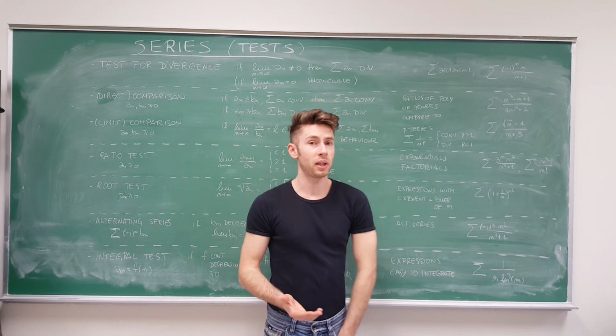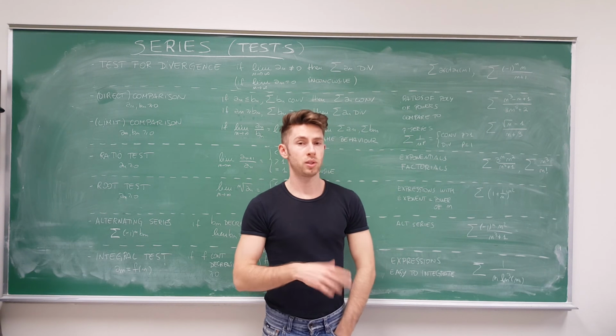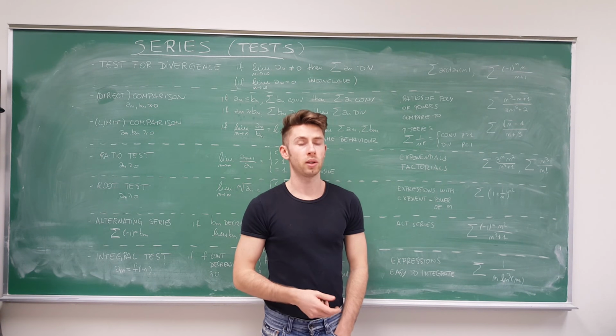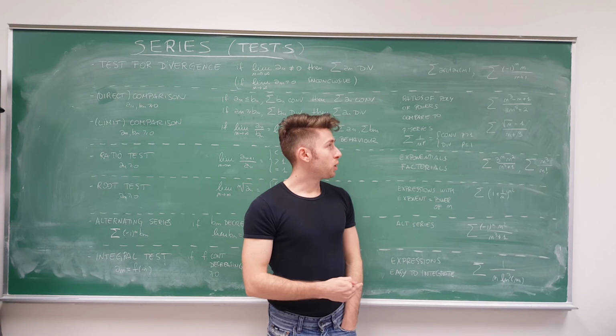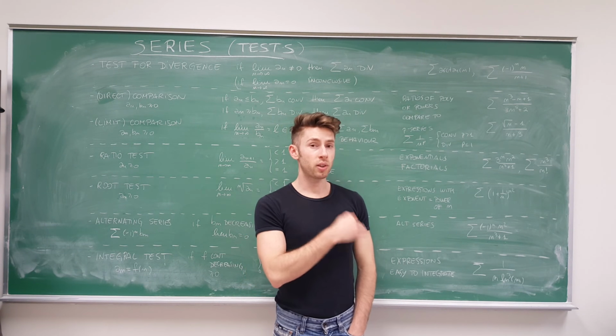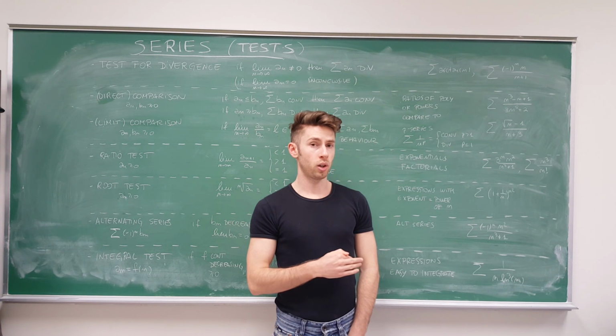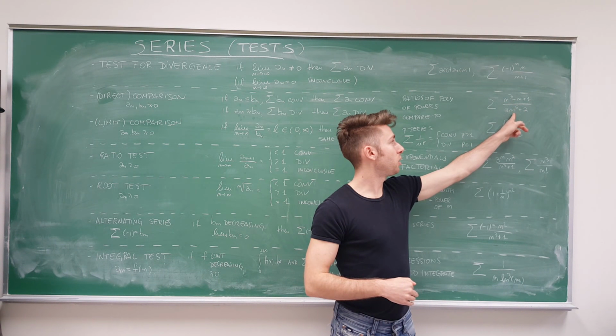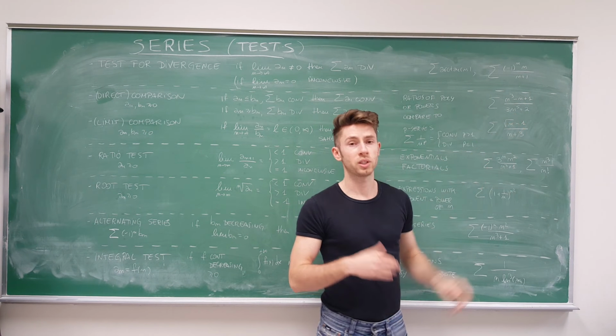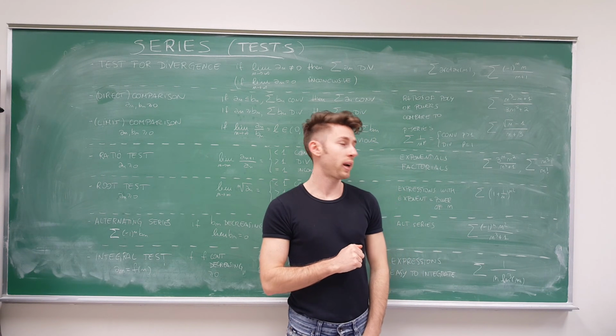So by powers I mean roots, n to a number, basically. So what you want to do in your head is to just disregard all the lowest order terms. So for example here, we just keep n cubed divided by n to the fifth, which simplifies to 1 over n squared.